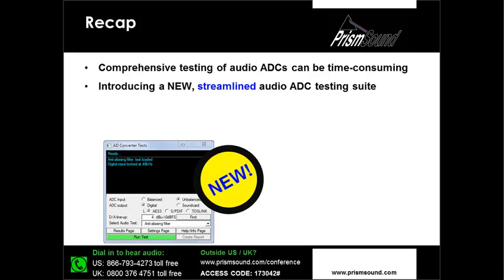So in order to take that time out of the process, we have introduced this brand new A to D converter measuring suite that's designed to make life a lot simpler, more straightforward and faster when it comes to benchtop analysis of your A to D converters. We've seen it's very simple to use.